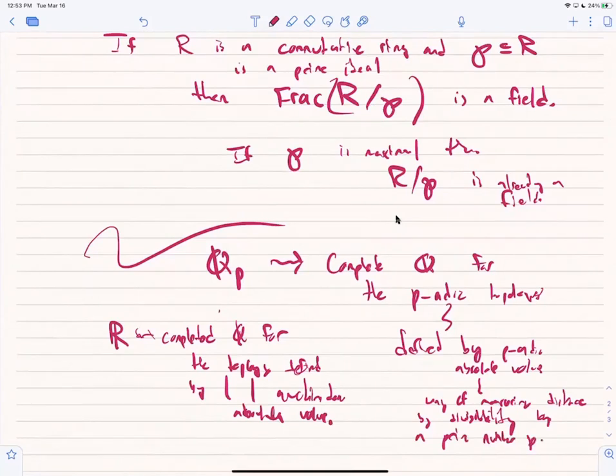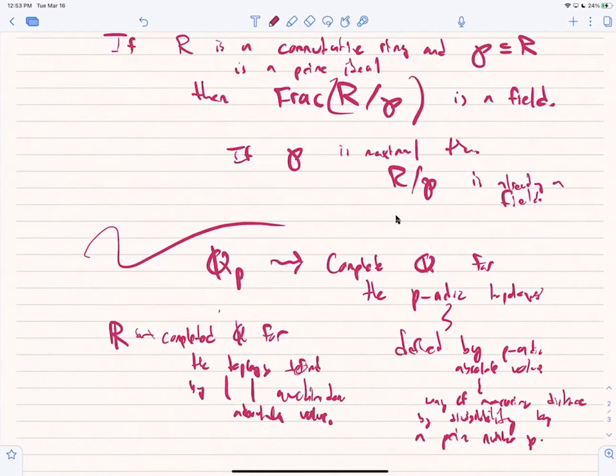For example, in the 2-adic absolute value, 256 is very small because it's 2 to the 8th, whereas 1 over 27 is pretty big because it's 3 to the minus 2, but it's not divisible by 2 at all. Things are small when they're divisible by 2.